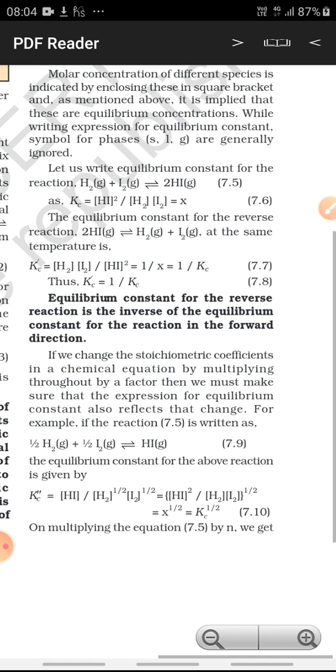Now children, you have to remember that the equilibrium constant for a reversible reaction will be equal to the inverse of the equilibrium constant for the reaction in the forward direction. That means Kc dash, that is for the reverse reaction, will be equal to 1 upon Kc for the forward reaction.